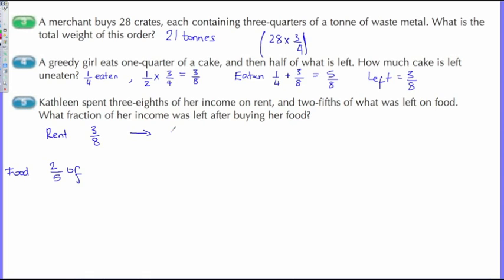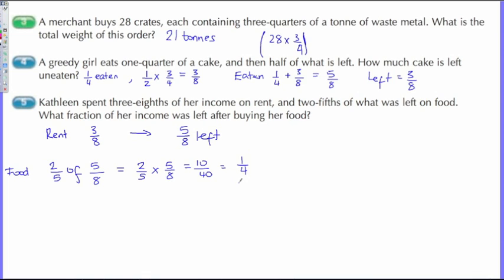So after the rent, there were 5/8 left. Okay, so she spent 2/5 of the remaining amount that she had on food. So that is 2/5 times by 5/8, which is a quarter.